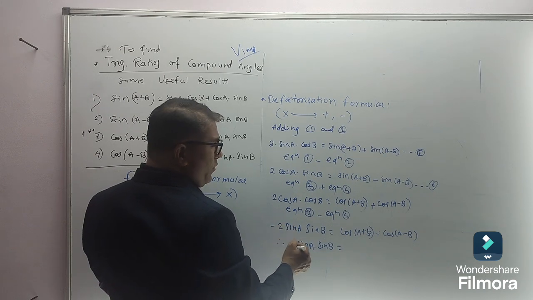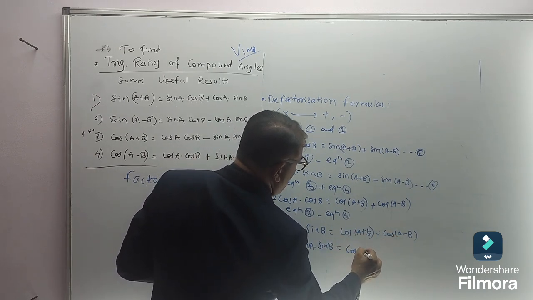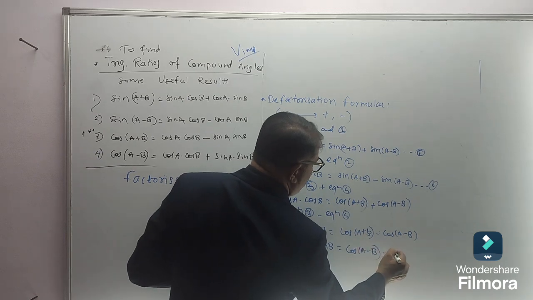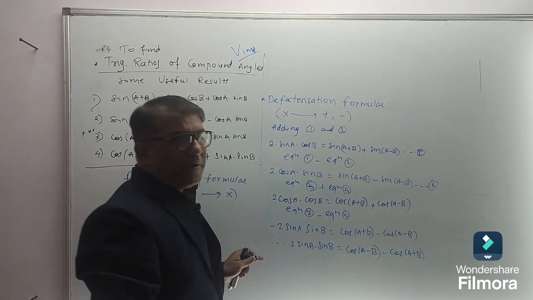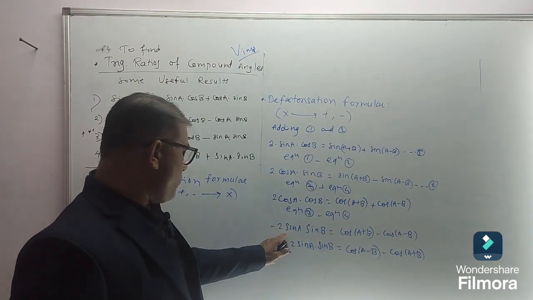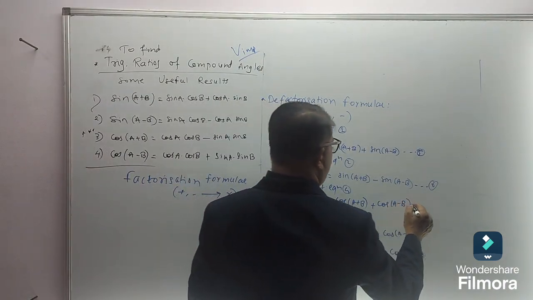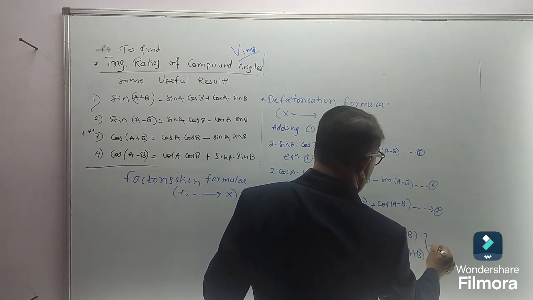It becomes positive, and minus minus plus cos A minus B, and this becomes minus, because we multiplied by minus 1 on both sides. This is 7 and 8th.